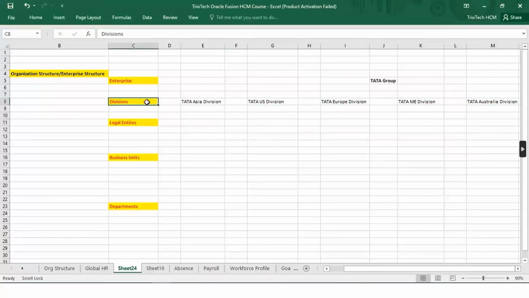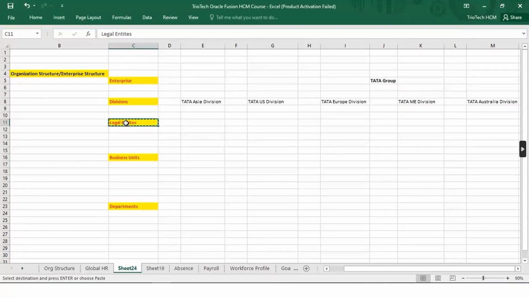Now, under divisions, we will be having something called legal entities in the Fusion application. What do you mean by legal entities? Legal entity, if you ask me simply, the actual registered companies of your client. What is a legal entity in the Fusion application?